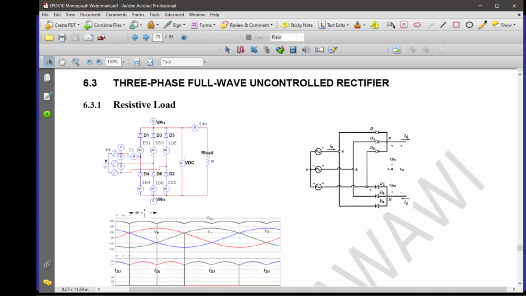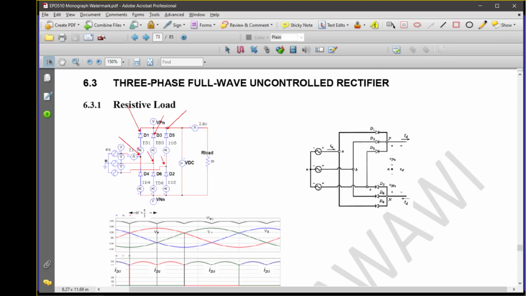So we have red, yellow, blue, and then the load is connected in the output here. And this is also known as first leg, second leg, third leg. Okay, and the positive terminal of each voltage supply here will be connected to the midpoint of the leg of the diodes.